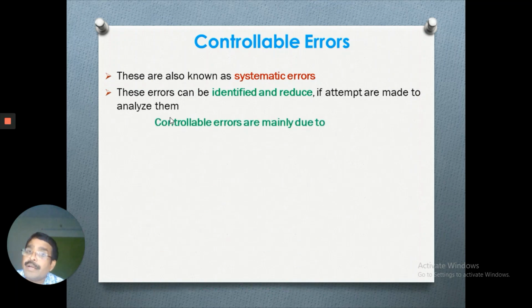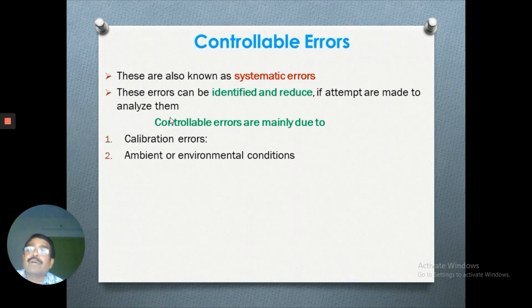Controllable errors are mainly due to four reasons: calibration error, environmental error, stylus pressure, and parallax error. Calibration errors are caused due to the variation in the calibration scale from the standards.